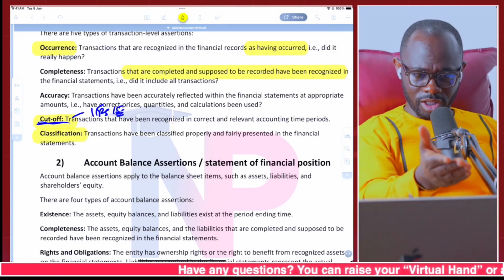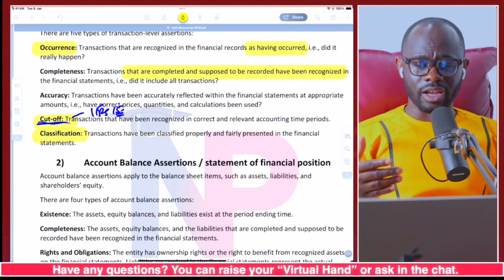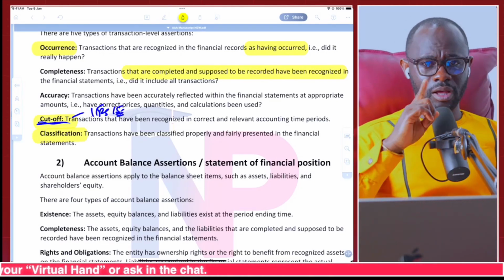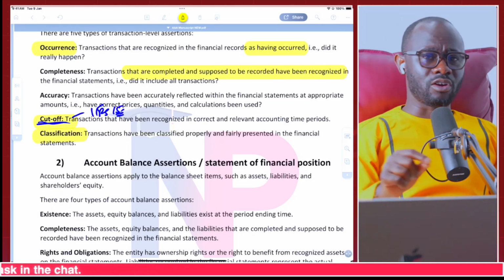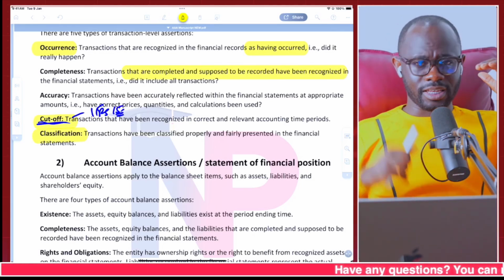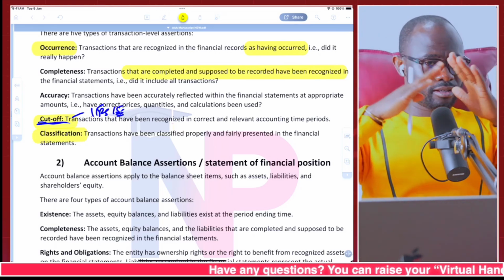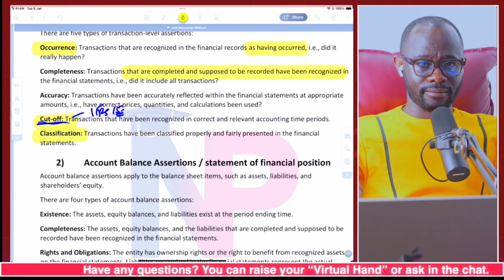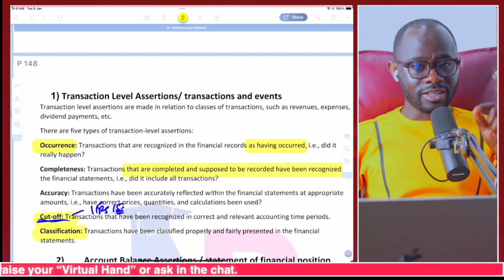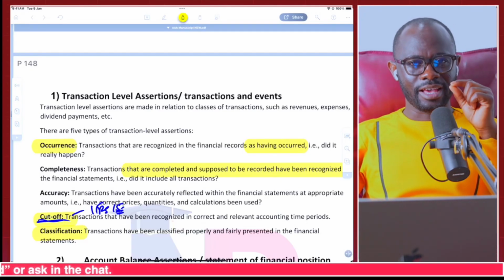What are you doing? You are testing for the assertion of what? Classification. Because if something is supposed to be written off, but it is capitalized, that is a wrong classification. And in that case, profit has been overstated, assets have been overstated, and that is bad for business. That is what we mean by the assertions relating to transactions and events.